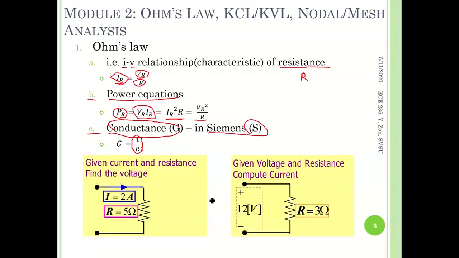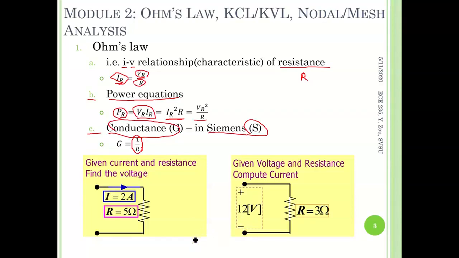And for Ohm's law, the key knowledge you need to keep in mind is actually here. It's about the voltage polarity and the current direction, following the passive sign convention.